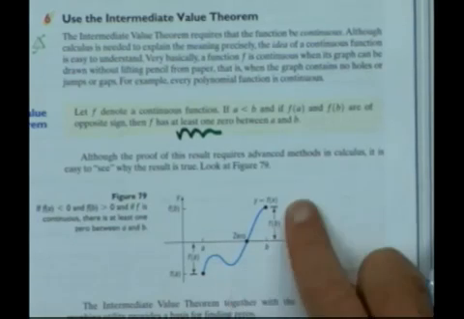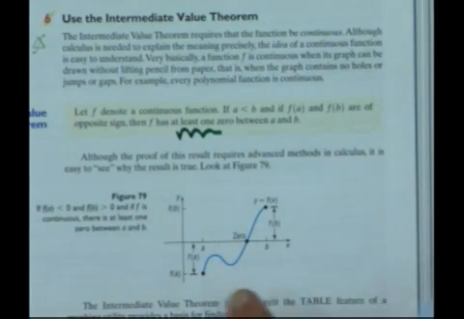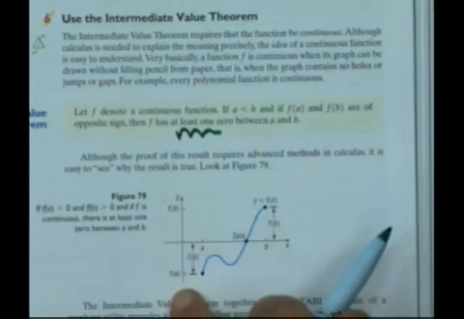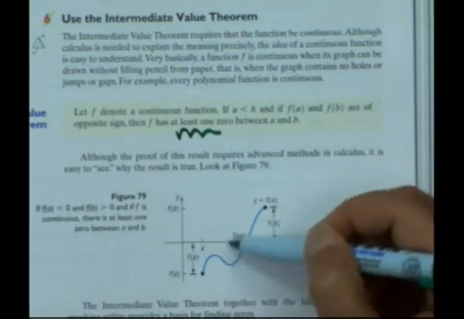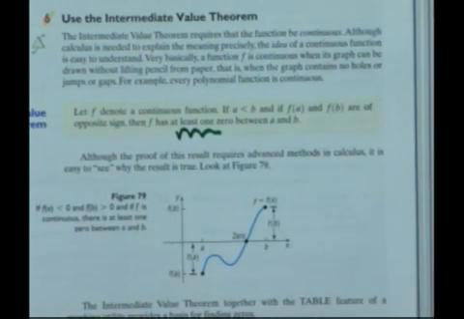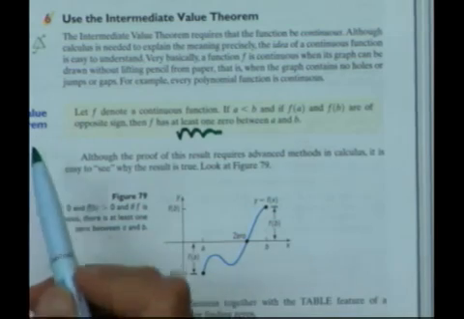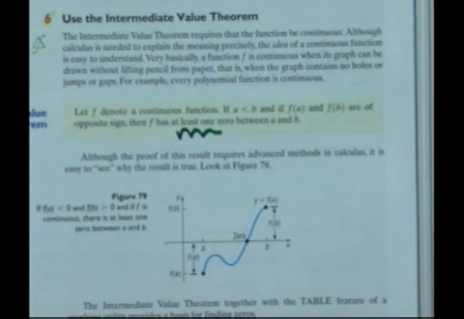Do you see how that works? You're looking at those remainders, which are the values of the function. If one's negative and one's positive, you go back in between those two numbers and start narrowing in on your zeros. So the intermediate value theorem is a very important theorem that shows up again in calculus.